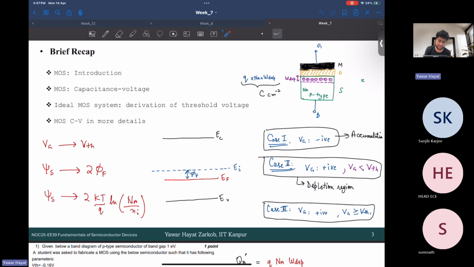At the surface, there would be some doping in the bulk, Na. I can say that P is Na.